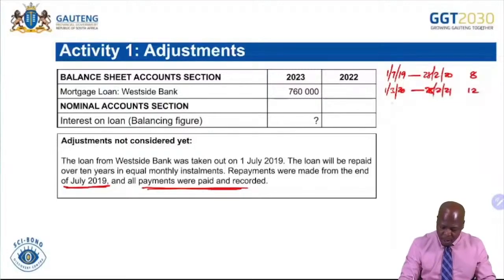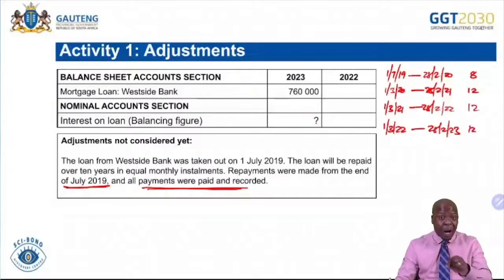I move on. Then the next one is going to be from the 1st of March 2021 until 28 February 2022. That is another 12 months. Okay? And then again from the 1st of March 2022 until 28 February 2023, 12 months until now.